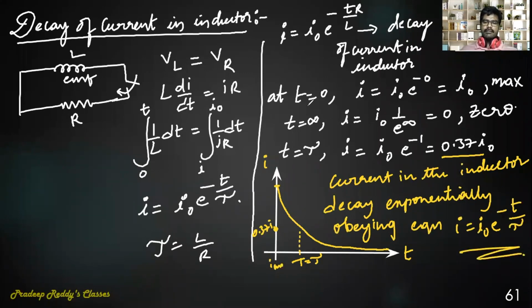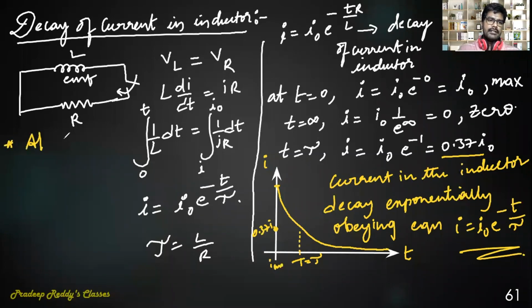So clearly, when t is equal to 0, current in the circuit is maximum. When t is equal to infinity, current in the circuit is 0. Therefore, after final time, as there is 0 current, the inductor will act as an open switch, and at initial times, the inductor will act as a closed switch.